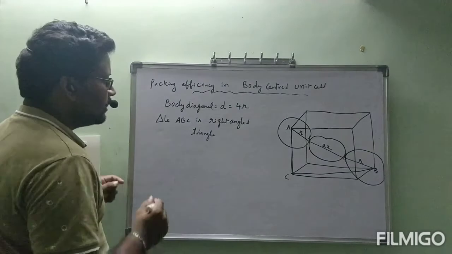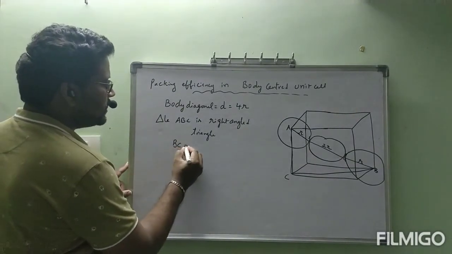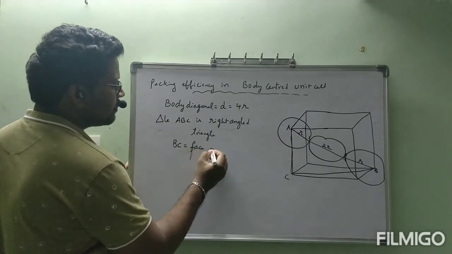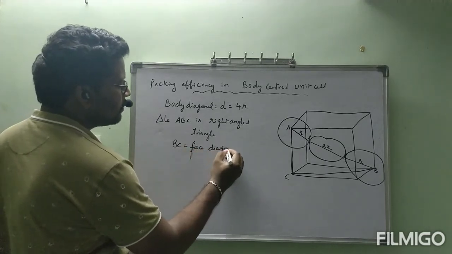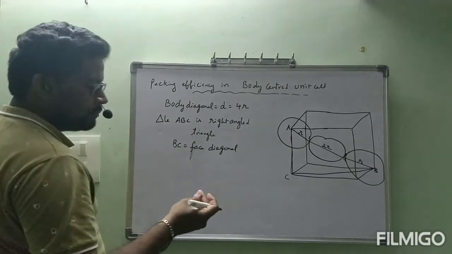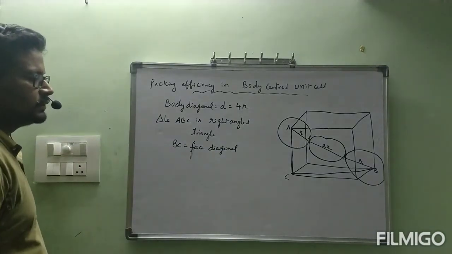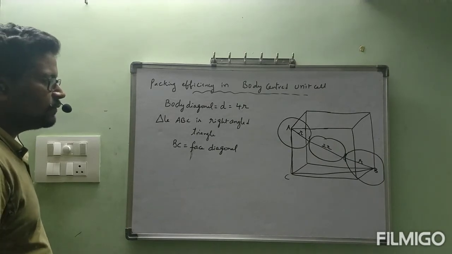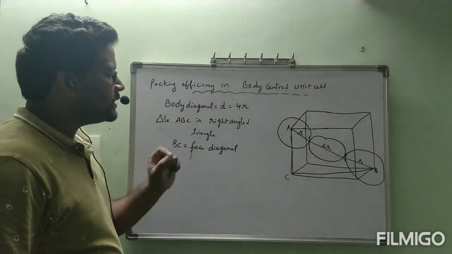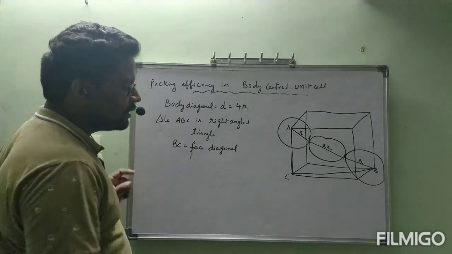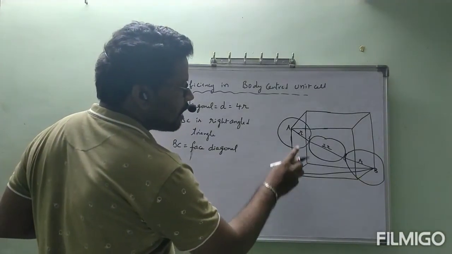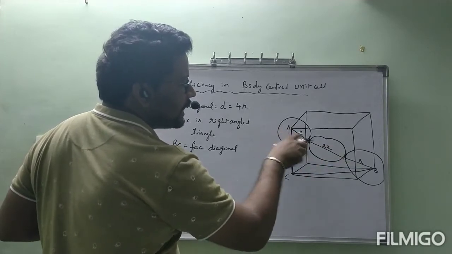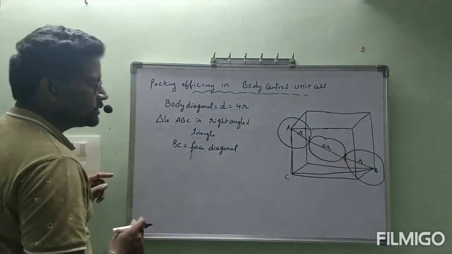I am writing here. BC is equal to face diagonal. Triangle ABC is a right angle triangle, right angle here. So the opposite side, that is the biggest side, AB, is called the hypotenuse.